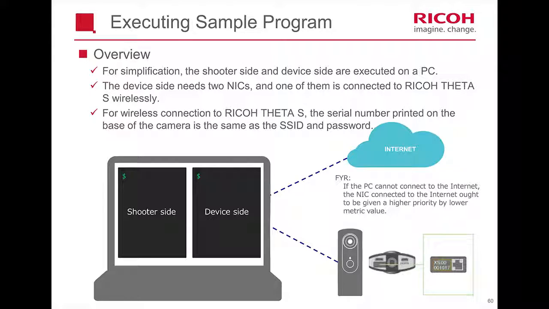Note that some PCs are only equipped with one wireless LAN adapter. Beware. When you connect the THETA S, the serial number printed on the THETA S is used as the SSID and initial password. Keep the wireless mode on THETA S enabled while you connect it to the computer. So, let me make some adjustments and prepare for the demo.